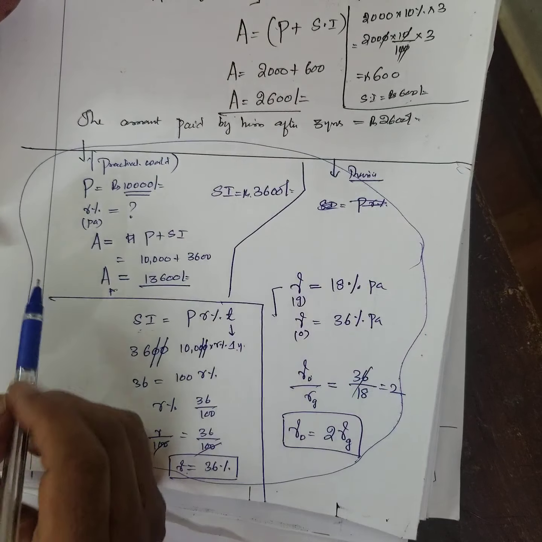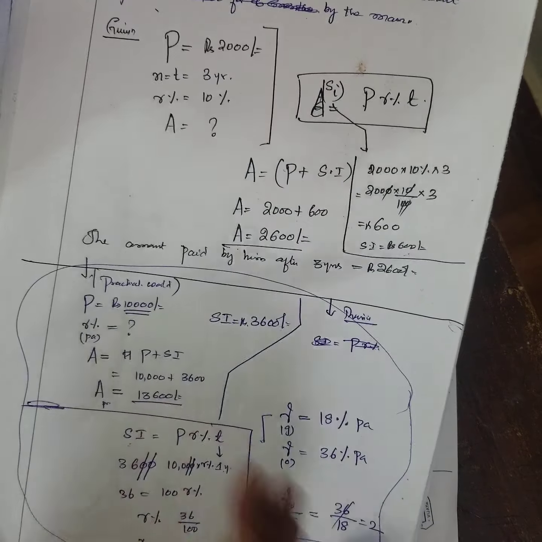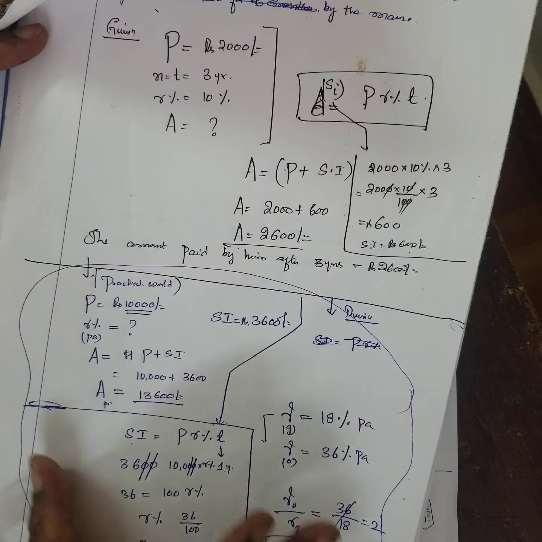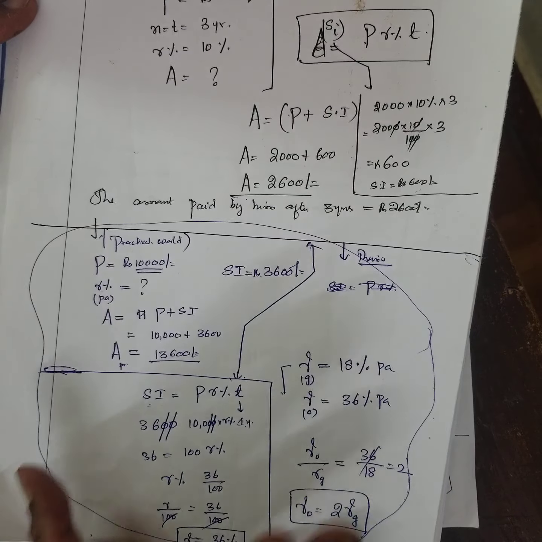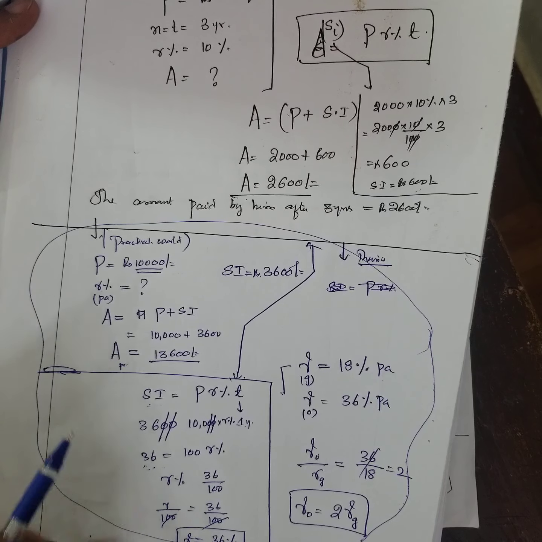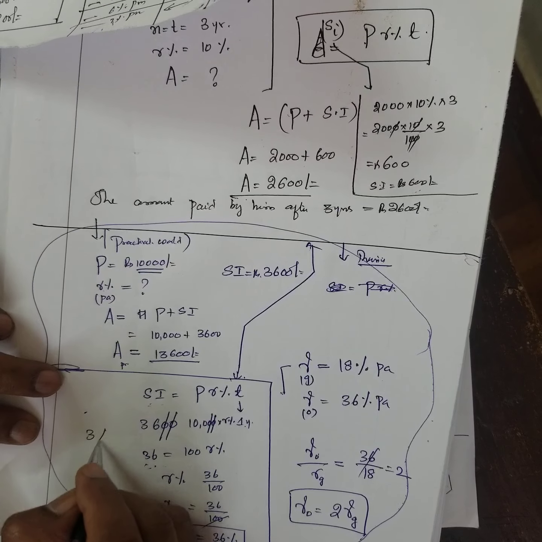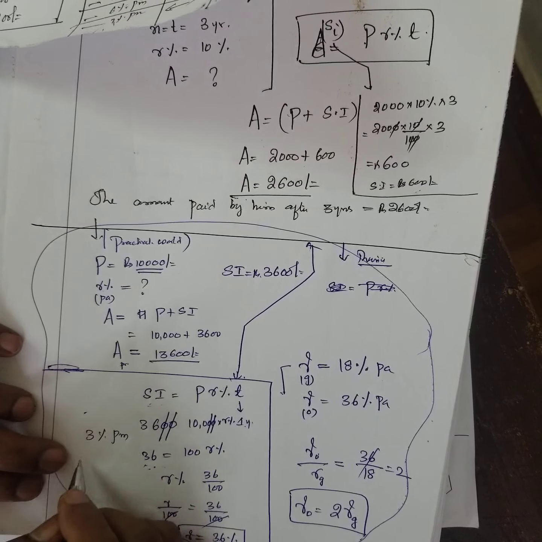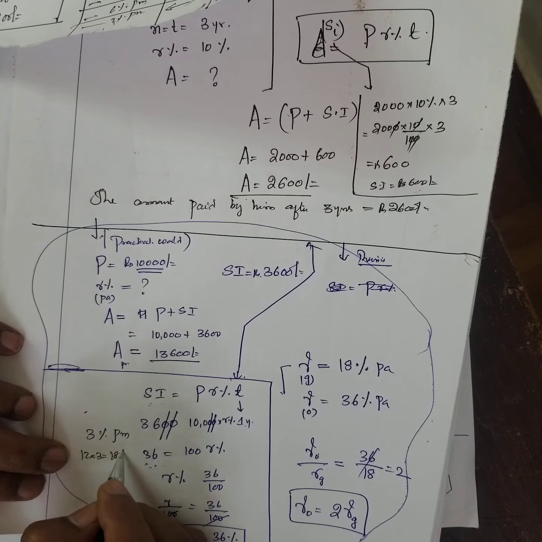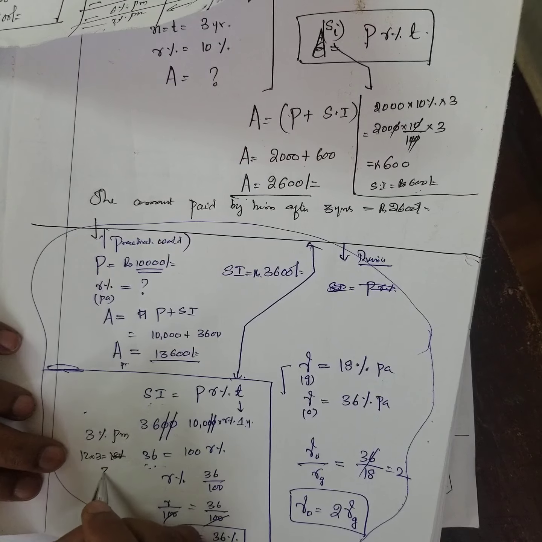Most of the people, business persons, they become very rich because they do this. Therefore, they are very rich, and here they don't pay tax. Outsiders, ordinary business, petty businessmen, they do this type of business. That is 36%, that is 3% per month, or 12 into 3, 36% per annum.